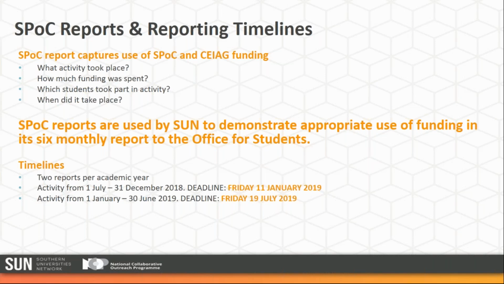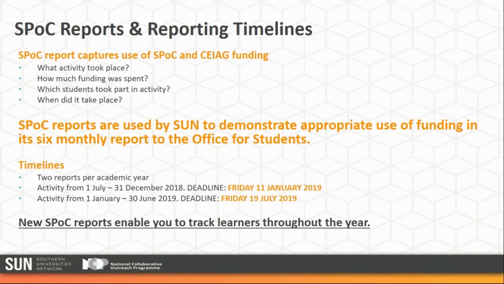The second SPoC deadline is Friday, the 19th of July, and that should include all activity and funding spent between the 1st of January and the 30th of June next year. Our new SPoC reports enable you to track an individual learner's activity and engagement throughout the year.